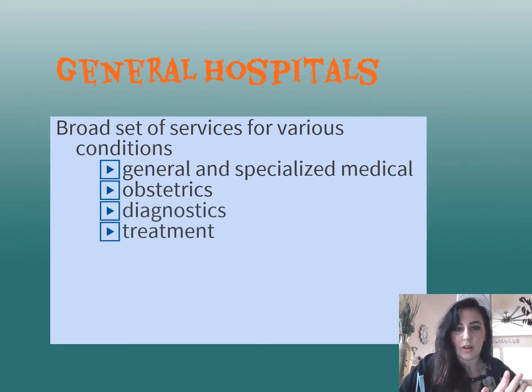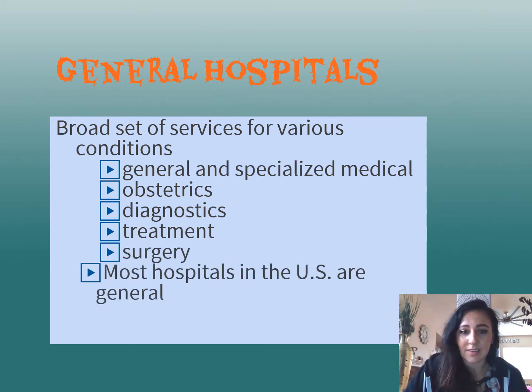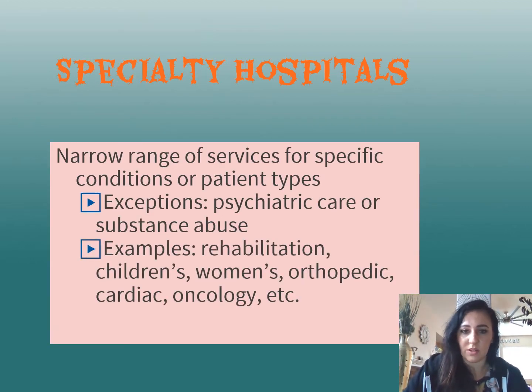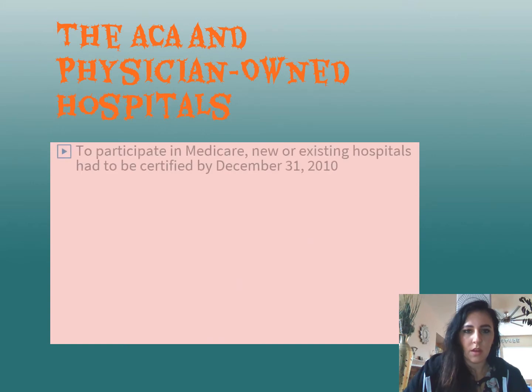So we just went over general hospitals. You can go ahead and look at this again if you feel like you need to, but we're going to move forward. Same thing with specialty hospitals.